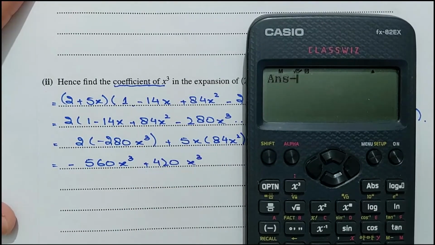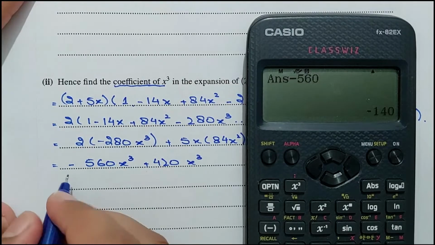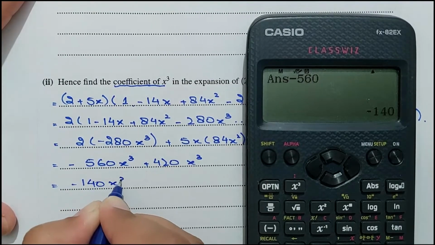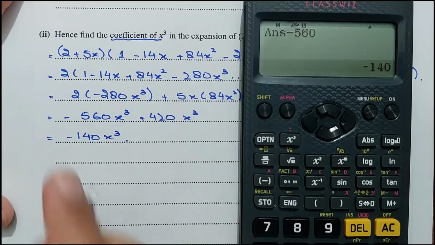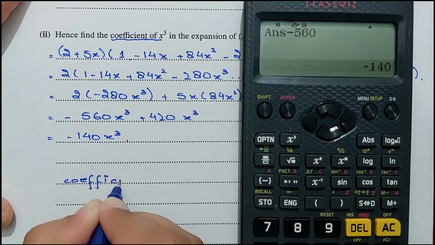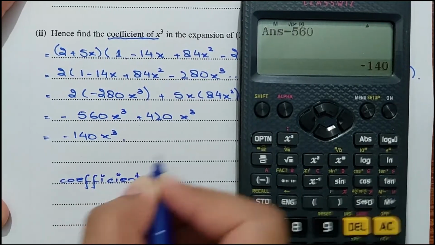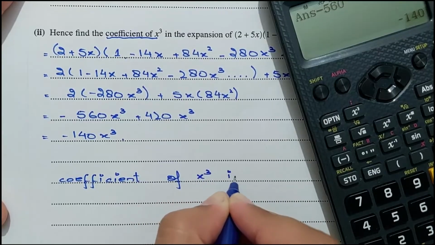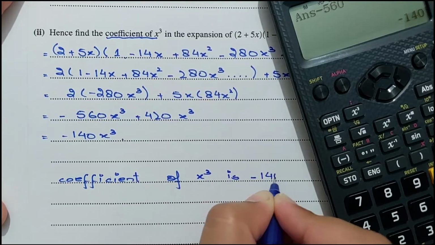So 420 minus 560, which is equals to minus 140 x cube. So we can say the coefficient of x cube is minus 140.